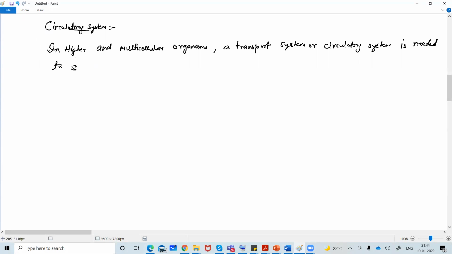So it's very important. So you can say that the system is needed to supply nutrients and oxygen to the tissue, and also carry the waste away from the body. Now there are two meanings.